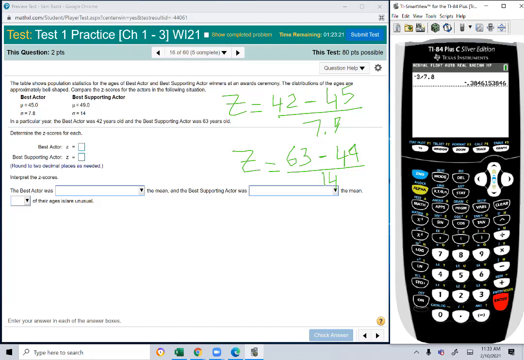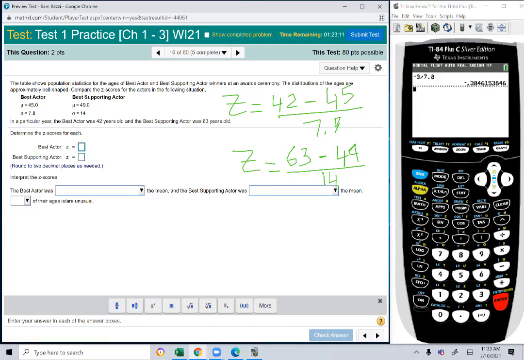Let's see what this z-score is. 63 minus 49 is 14, and 14 over 14 is 1. So you go here, guys. The best actor will be -0.38. The z-score for the supporting actor is 1.00 with 2 decimals.